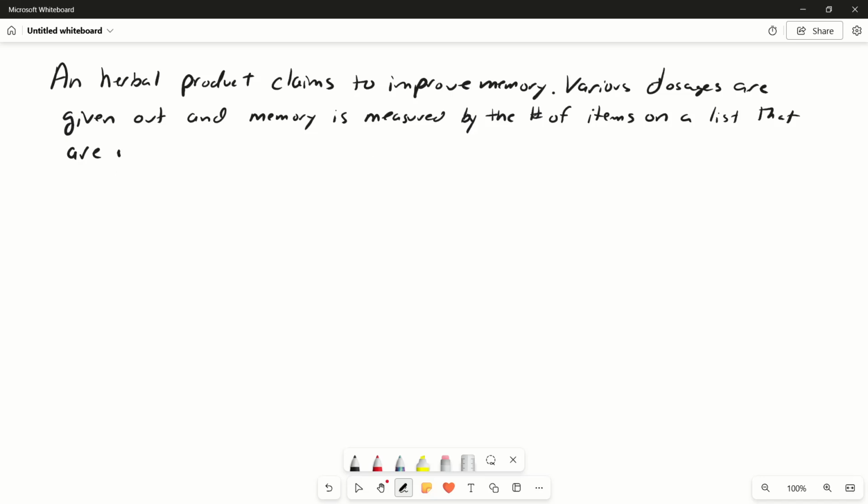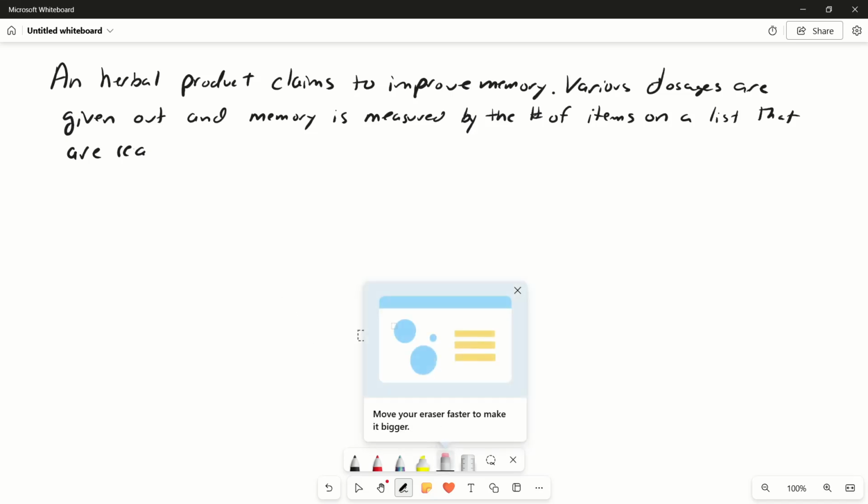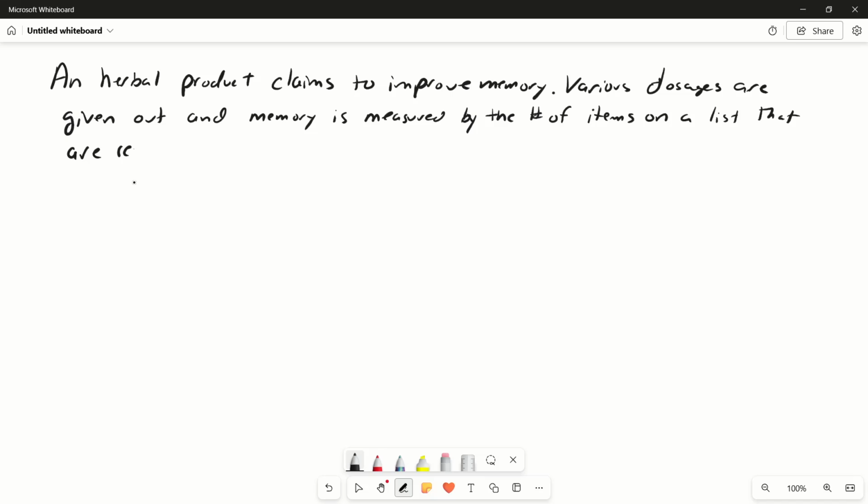So this is another basic memory task where we are presenting a list of words to somebody and then testing them at a later time to see how many of those words they remember.